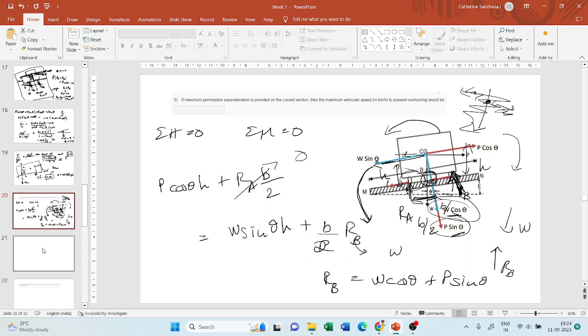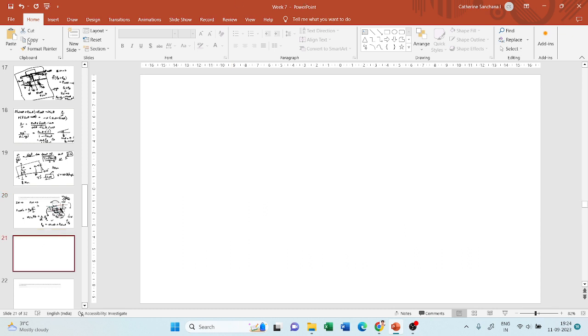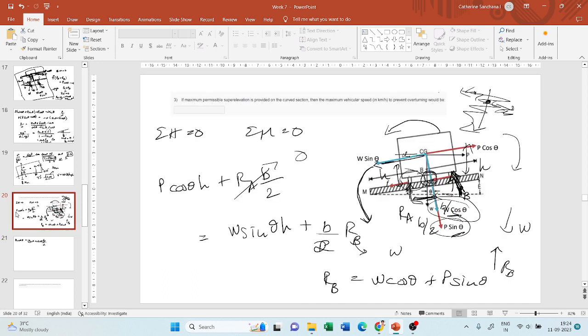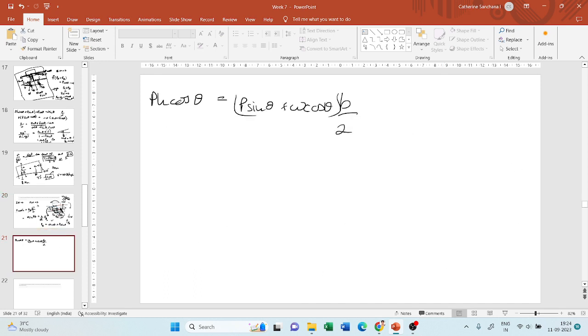Let us substitute this here. So P into H into cos theta is equal to P sin theta plus W cos theta, which is RB, into B by 2, plus WH sin theta.